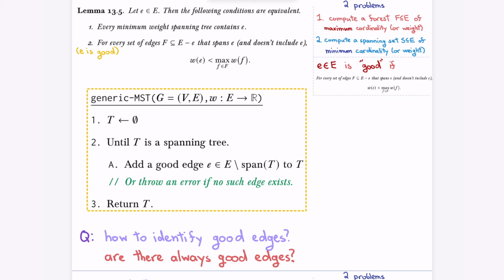I think implicitly, yeah, but let's try to figure out how to make this clear.